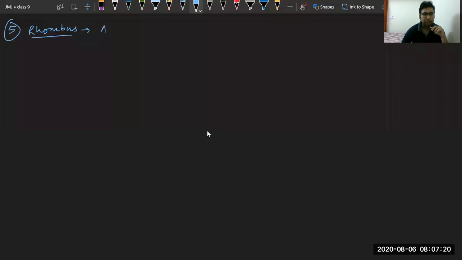So a parallelogram with all sides equal is known as rhombus. Now you all have eaten that kaju katli. I think that is some sort of similar to this rhombus thing.